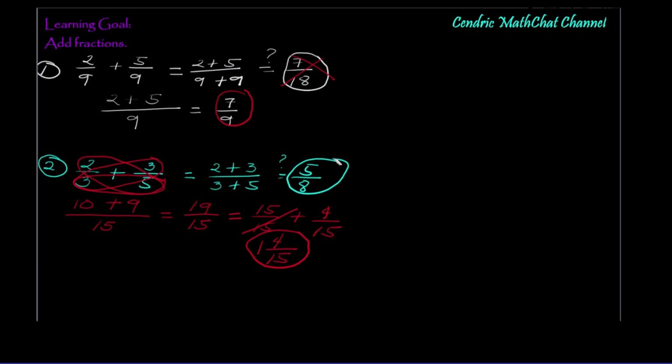Now, let's go back to this method that I showed you. Let's try to understand, why am I multiplying 2 and 5, 3 and 3, and the denominators? What's the concept behind this? So let's take a look at 2/3 and 3/5.